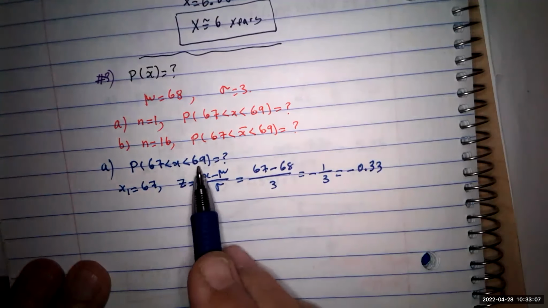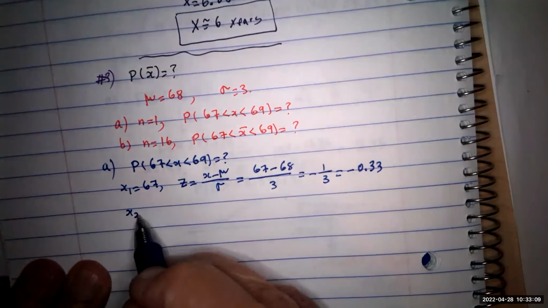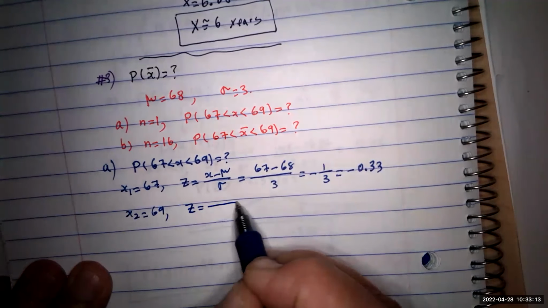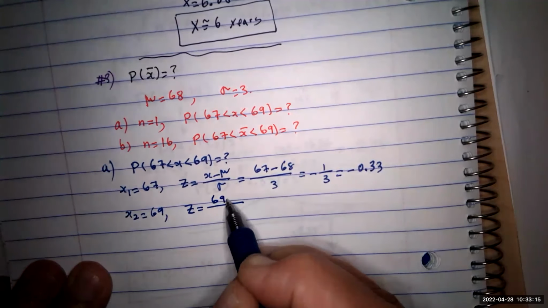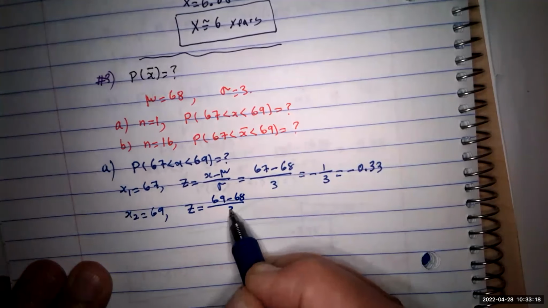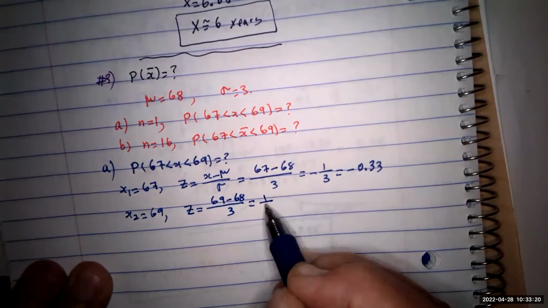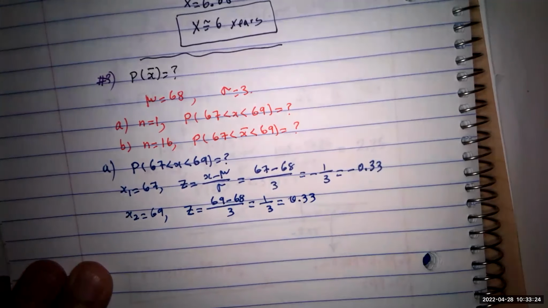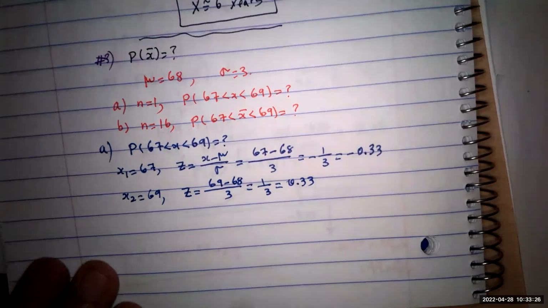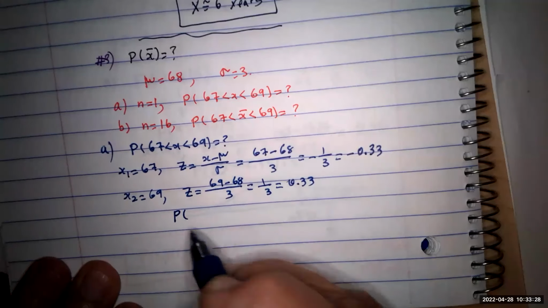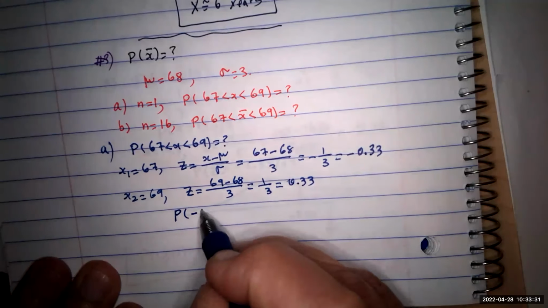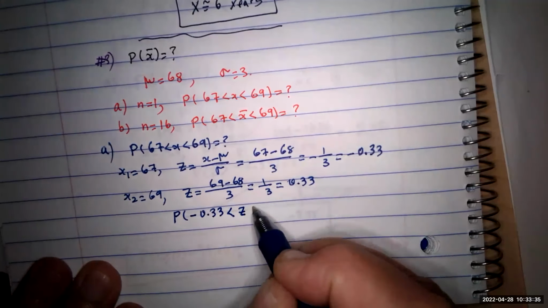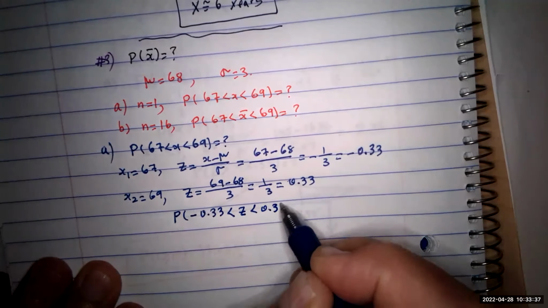Then for the second one, X2 equal to 69. So the Z is going to be 69 minus 68 over 3. That gives a positive 1/3, which is 0.33. So the problem has been changed into the Z format, and you want to find the probability that Z is between negative 0.33 and positive 0.33.